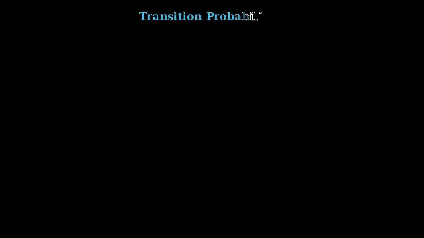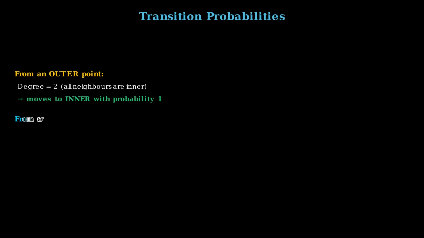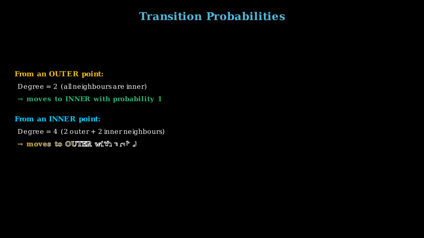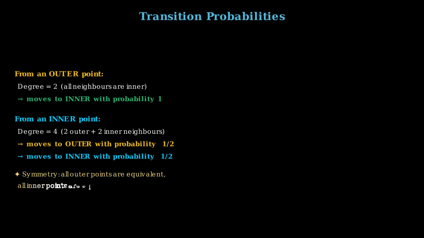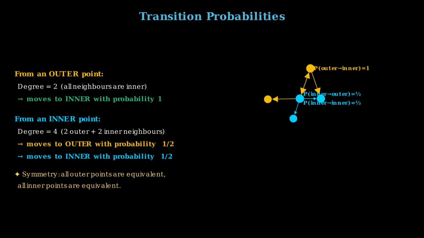Now let's derive the transition probabilities. From an outer point, there are exactly 2 neighbors, both inner. So Charlotte always moves to an inner point with probability 1. From an inner point, there are 4 neighbors, 2 outer and 2 inner. Charlotte picks one uniformly at random.